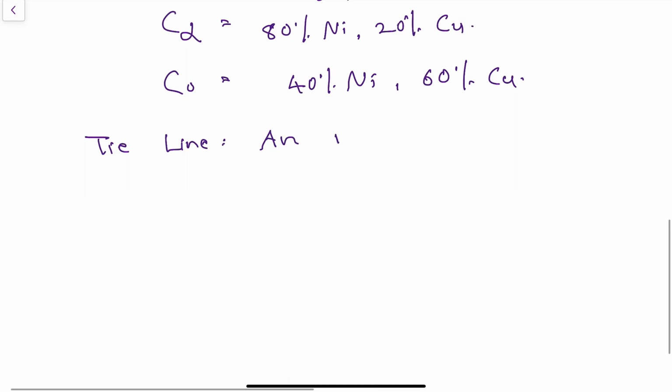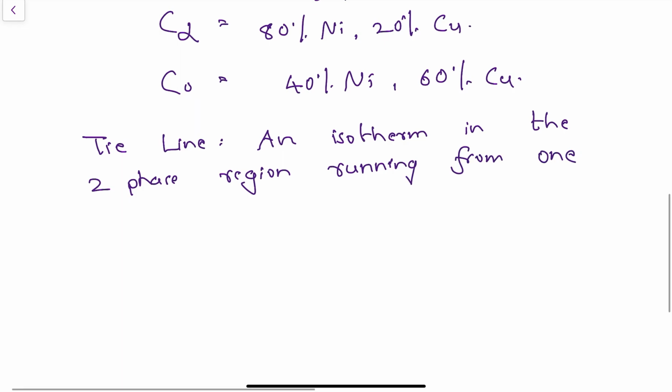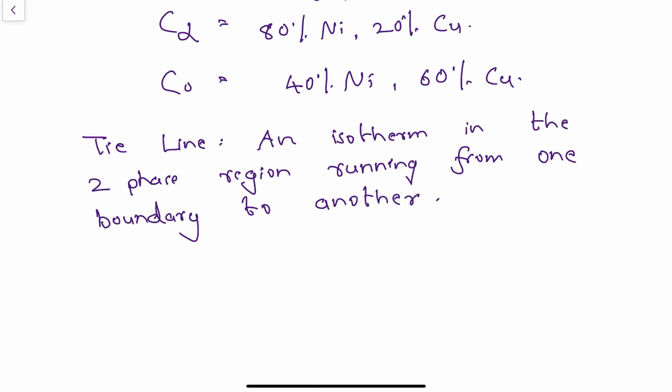Tie line means it is an isotherm in the two-phase region, running from one boundary to another. So we are making use of this tie line to find the composition of the phases.